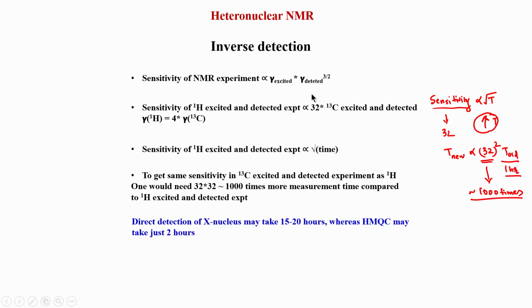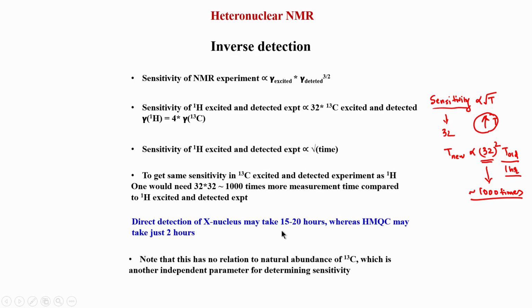This is accomplished by what is called INEPT, which I started referring to in the previous class, and we will see that in more detail today. Direct detection of the X nucleus takes a long time, whereas an HSQC or heteronuclear 2D experiment takes a very short time, about a few hours. So, that is why it is preferable.